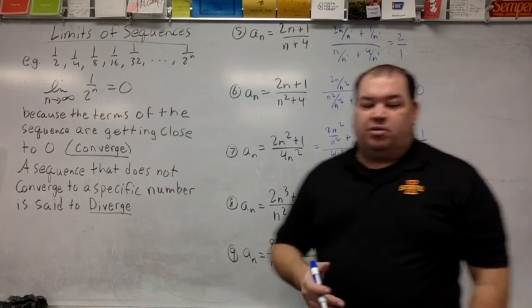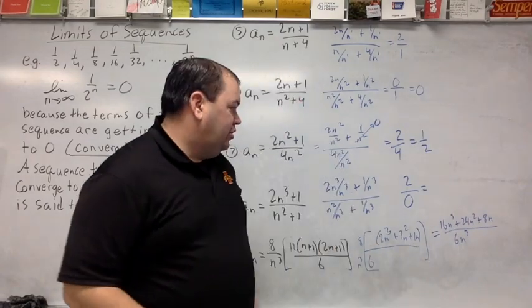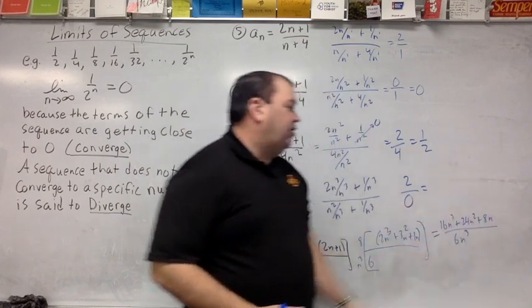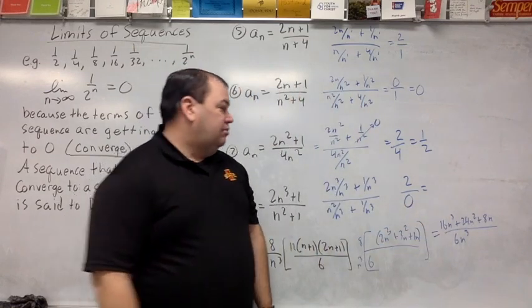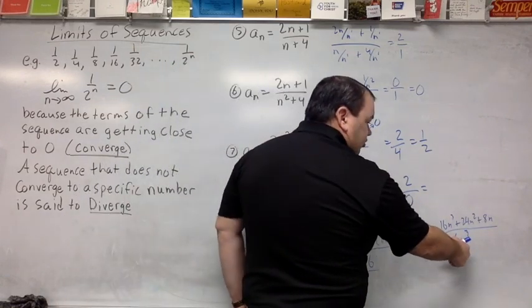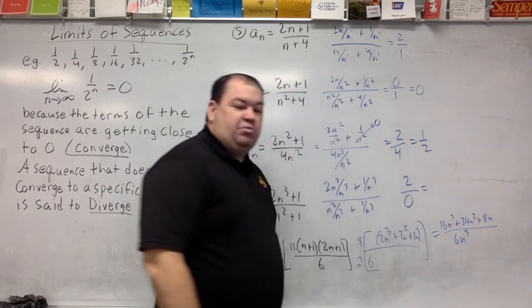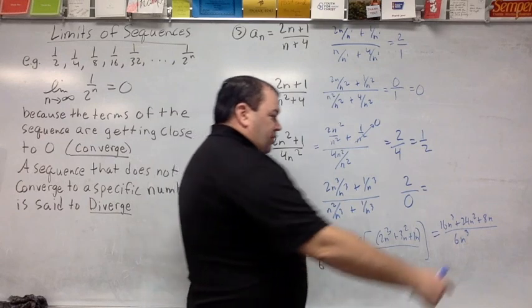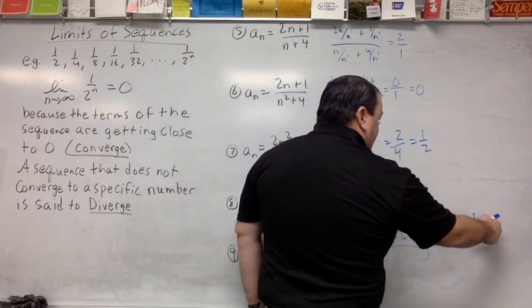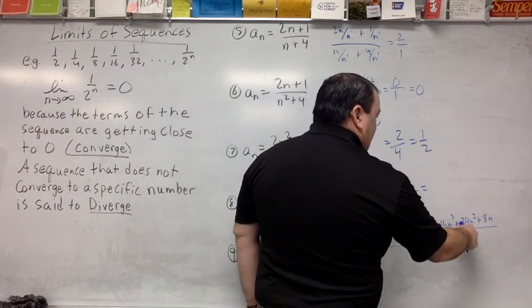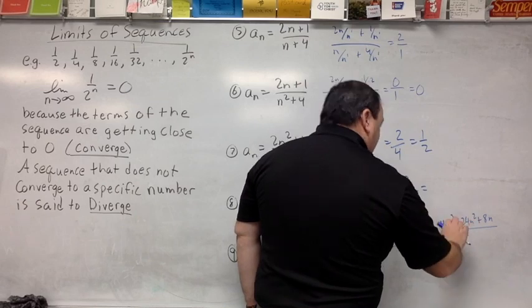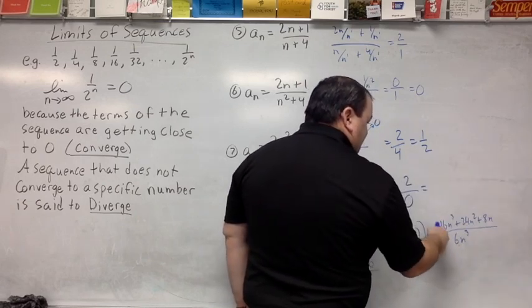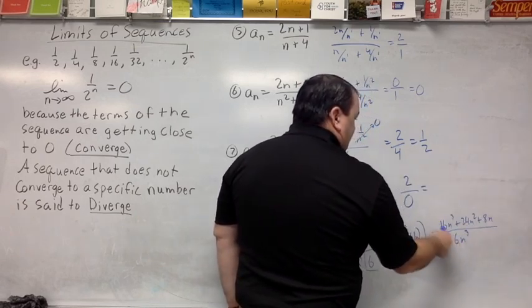We're going to attack this problem just like all the other ones. We're going to look for the biggest power of n, which happens to be n cubed. It's here and here. It's the biggest power I see. We're going to divide everybody by n cubed. When I divide this by n cubed, it's going to go away. When I divide this by n cubed, it's also going to go away. These are the only two I really care about.